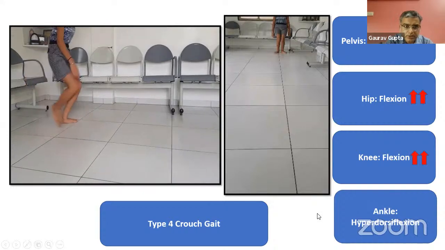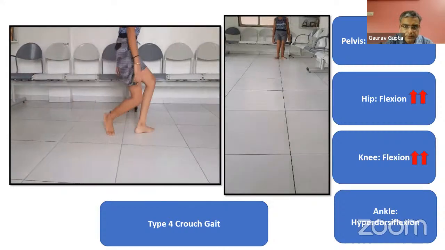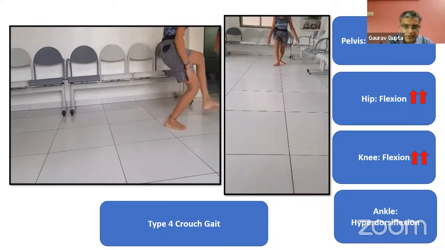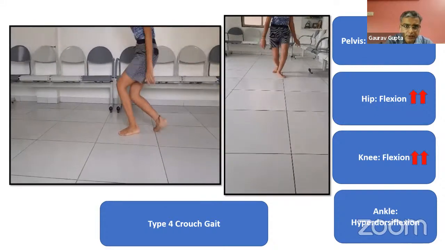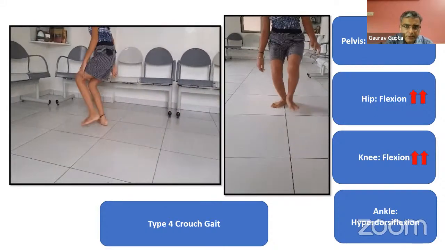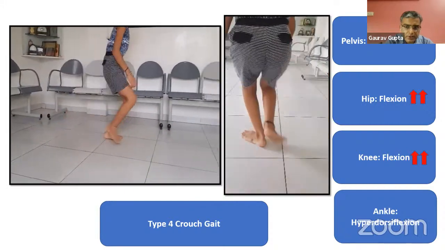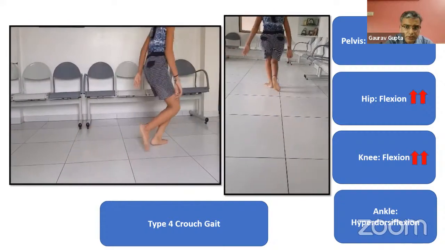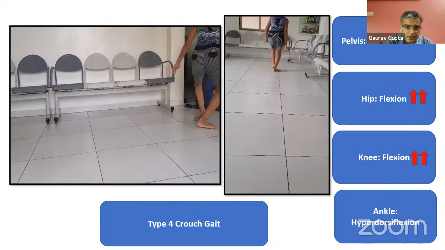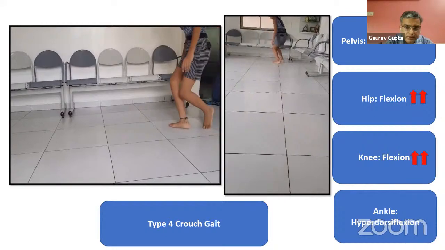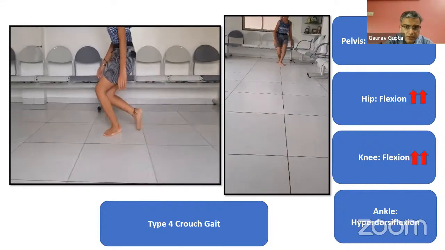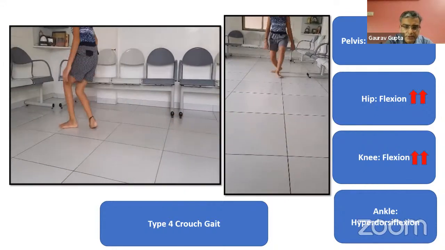So here you can see there's significant increase in flexion at the hip and the knee. And due to increased internal rotation, clearance is also an issue. Ankles are in hyperdorsiflexion. So this is a crouch gait or a type 4 diplegic gait.